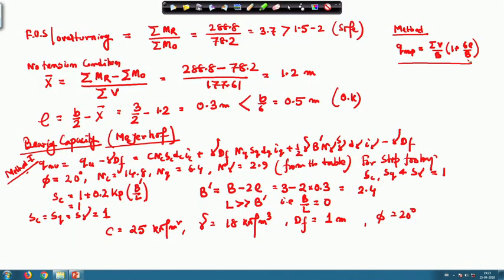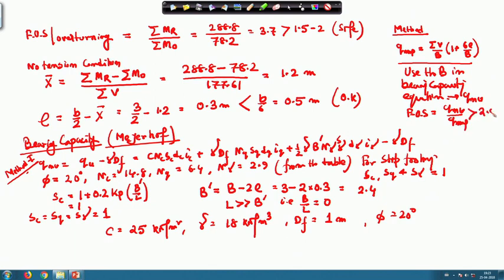If you use B dash, then you have to follow the first technique. If you use this method, then do not use B dash, use B in the bearing capacity equation, and then you get the Q net ultimate. Then the factor of safety will be Q net ultimate divided by Q max, and that should be greater than 2.5 to 3.